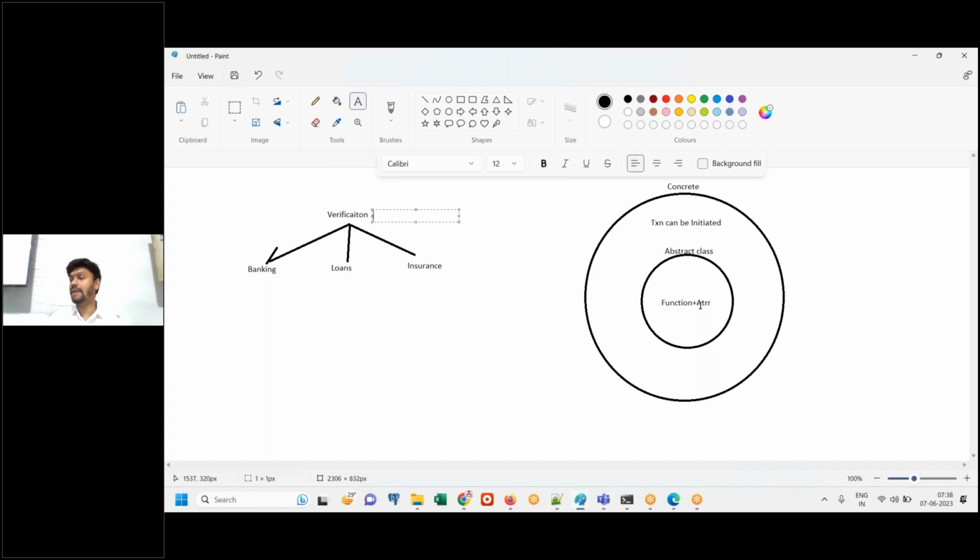I'm just making you realize why technology developers introduced the abstract class when this can also be done by a concrete class. A concrete class can do whatever an abstract class can do, but whatever a concrete class can do, an abstract class cannot.